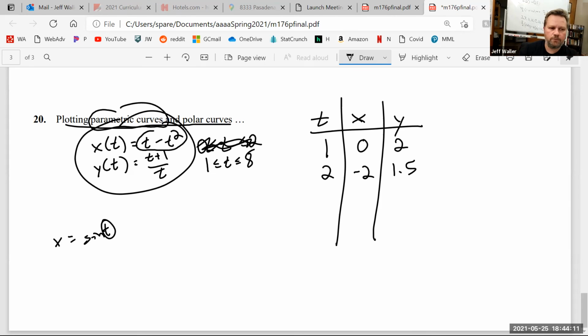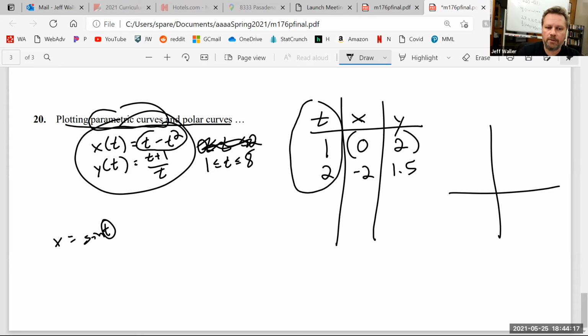And then when you go to plot this, you plot these points. T is in the background. It doesn't show up. T is like the person turning the dials on the Etch-a-Sketch. They don't show up on the Etch-a-Sketch, but how quickly I turn the dials changes what the x, y points are. Sorry, I was mixing it up with the polar curves.